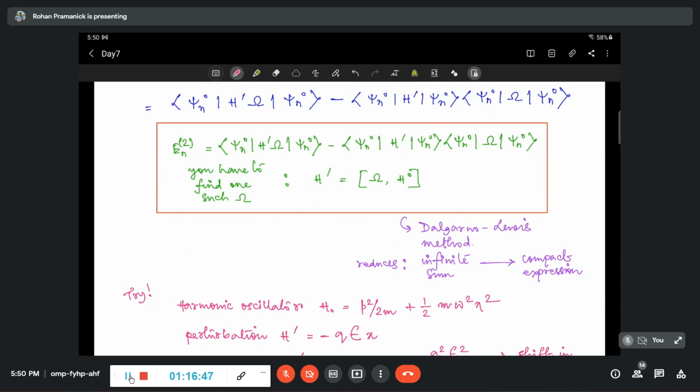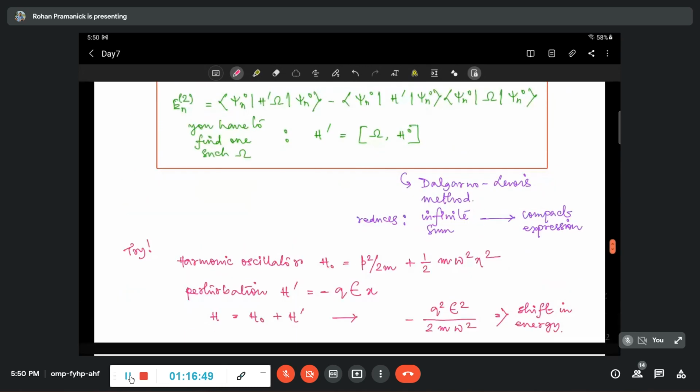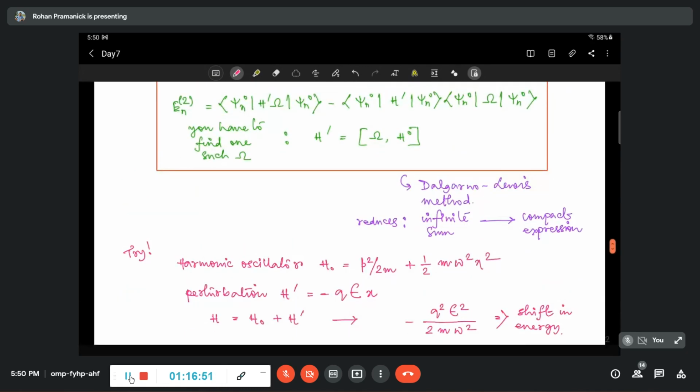As you know that your expression will not depend on n, so any psi n you take, you multiply on both sides and do the derivative. Where the derivative is involved, you see that h prime is q epsilon x and h0 is p squared. So the p squared is nothing but minus i h cut del del x, so that will remove the derivative, and omega is also a function.